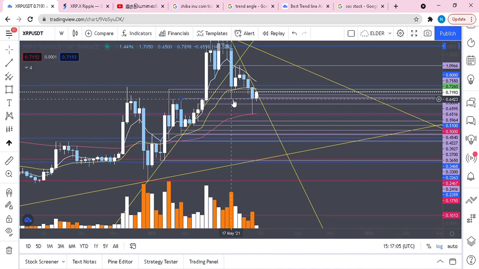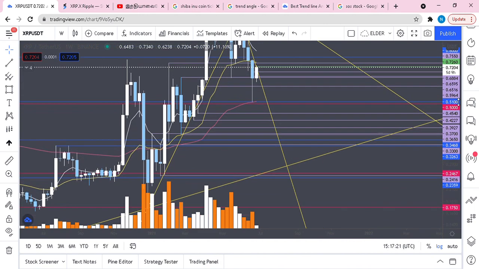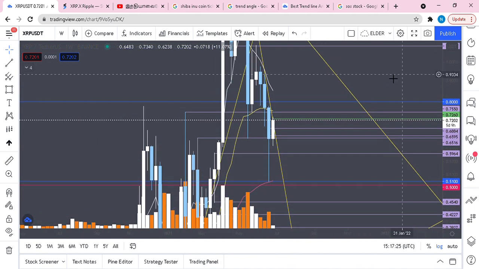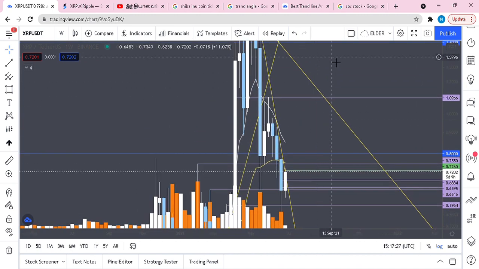There is still a lot more supply left. So that's why it started dropping down. And moreover, there is a level here. If you notice, that's a daily level. It went directly to that particular level, and that's where it cashed out.